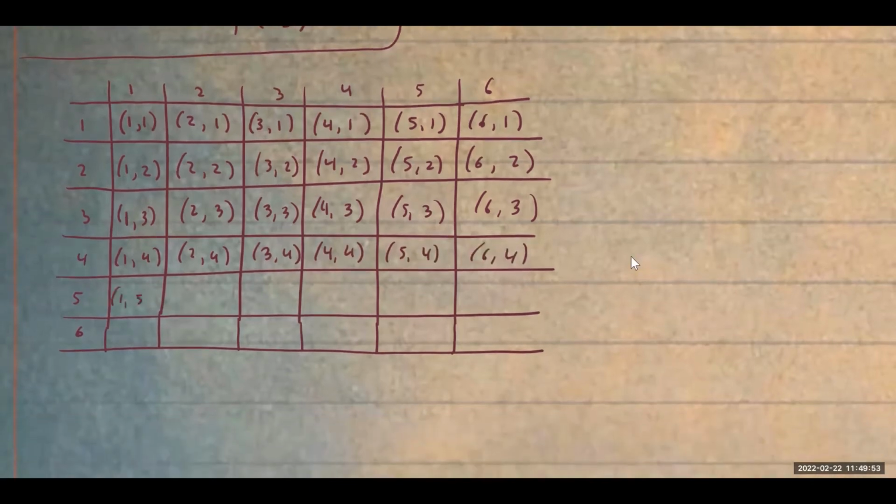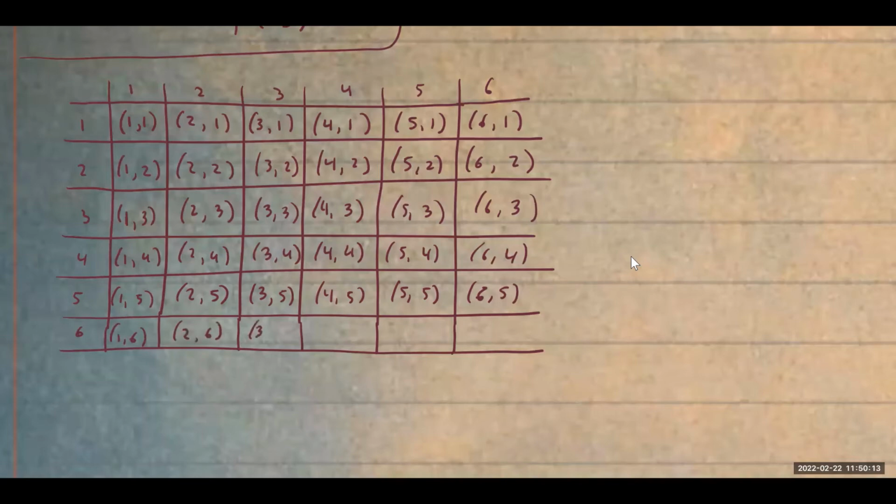So we have 1 and 5, 2 and 5, 3 and 5, 4 and 5, 5 and 5, 6 and 5. And the last option, we get 1 and 6, 2 and 6, 3 and 6, 4 and 6, 5 and 6, or 6 and 6. So this is the list of possible outcomes.